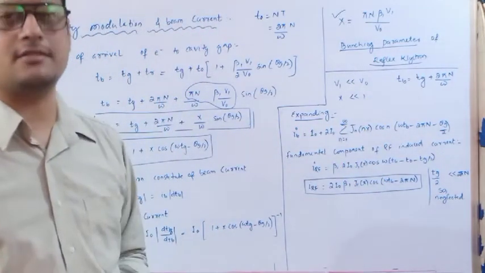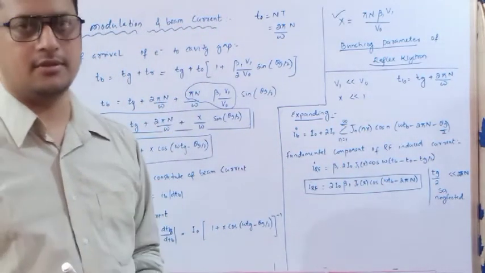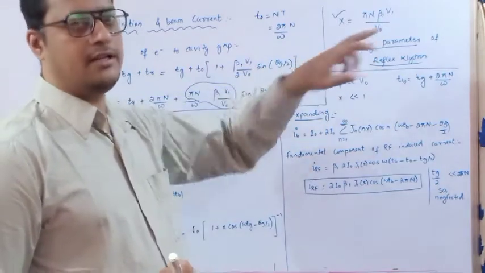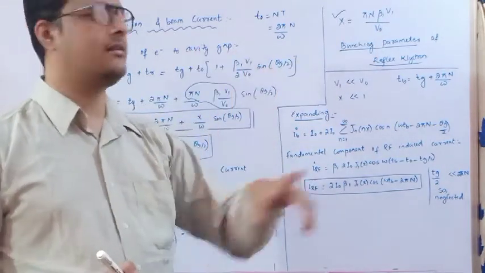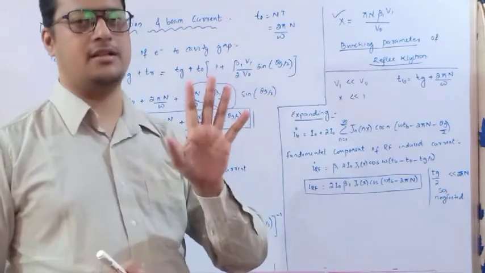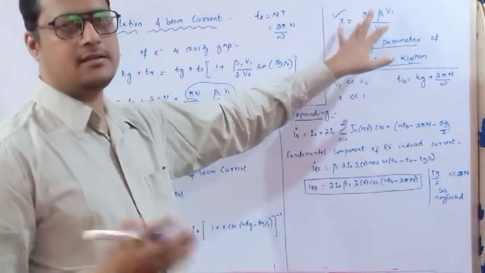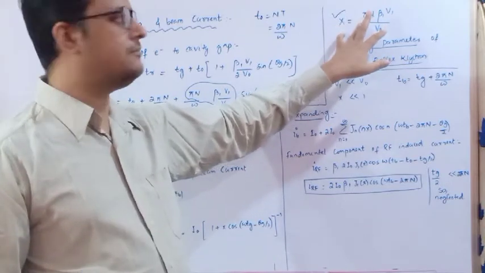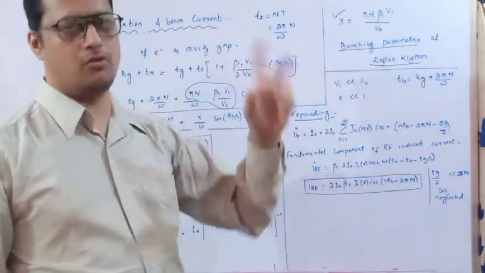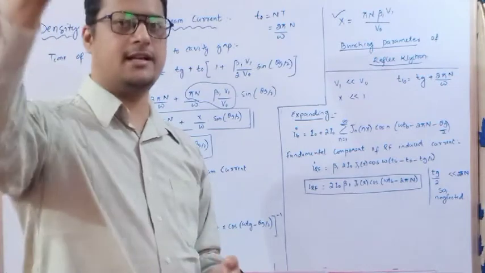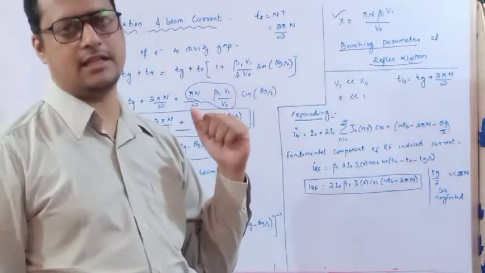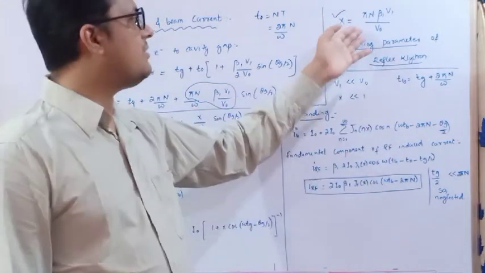It remains constant. It is a constant value because the DC beam voltage you are providing is constant. V1 is the RF potential, which is also constant. Pi is a constant value, N is the number of modes. If the number of modes increases, your bunching parameter will increase.